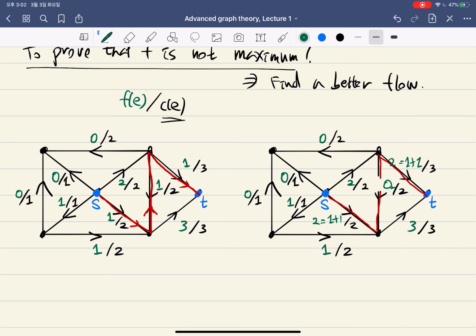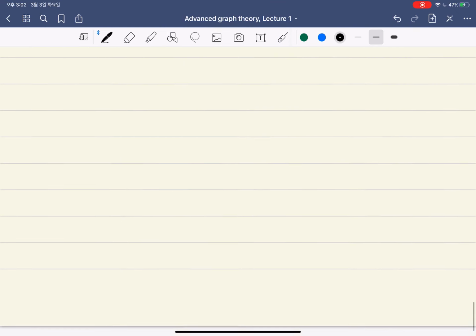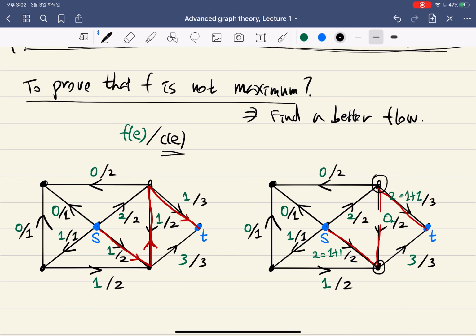Then what happened? You can see that the conservation law still holds on these 2 vertices and everything else is still okay. And then the capacity constraint is still okay because this 2 is at most 2, 0 is between 0 and 2, and 2 is still between 0 and 3.